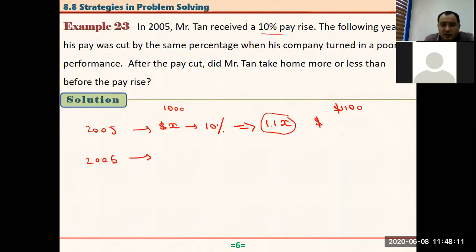Now it says that the following year, his pay was cut by the same percentage, that is 10%. So now here we have his salary is 1.1x dollars, minus 10%. If they actually cut by 10%, now here it is 90%, right? So here we have 90% of this amount he's taking home.